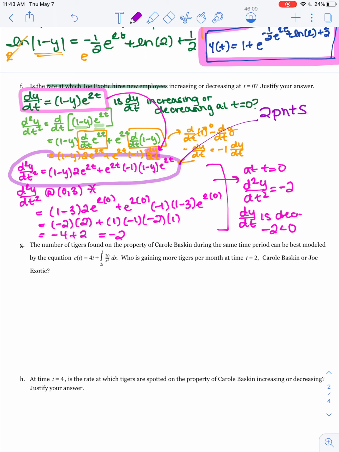We had to recognize product rule, chain rule, and implicit differentiation. So 2 points for getting the correct derivative, and then 1 point for this analysis saying that, okay, once you plug in t equals 0, you're getting something that is negative, and that means your function is decreasing. So another point here for your answer.